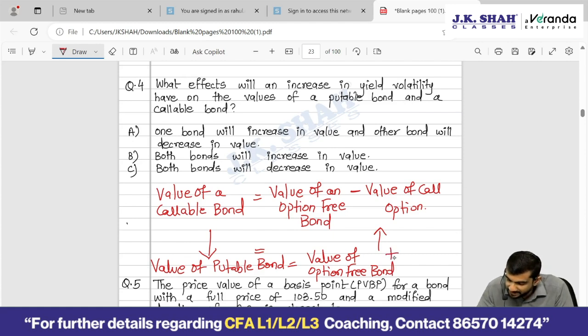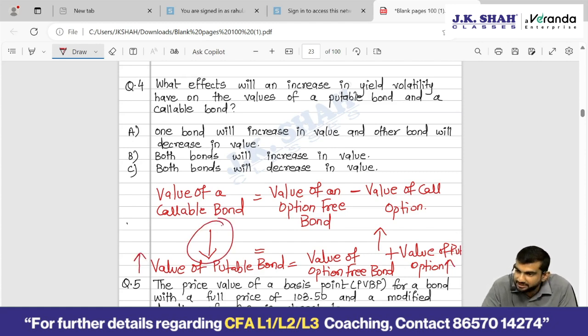So you have to pay a premium, so plus value of put option. Now due to higher volatility, the value of put option also will increase, and if value of put option increases, value of puttable bond also will increase. So see, due to higher volatility, one bond is falling in price and the other bond is increasing. Option A. Clear? Okay. Proceed.